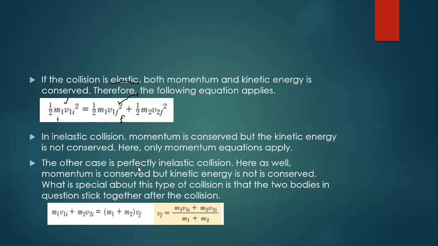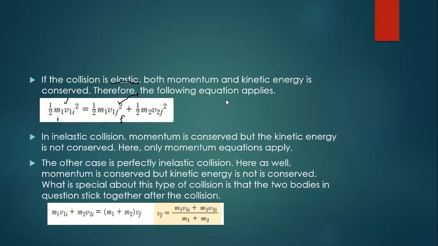Perfectly inelastic is also similar to inelastic, but here in perfectly inelastic, after collision, the two bodies stick together. Even though kinetic energy is not conserved, the two bodies stick together after collision.